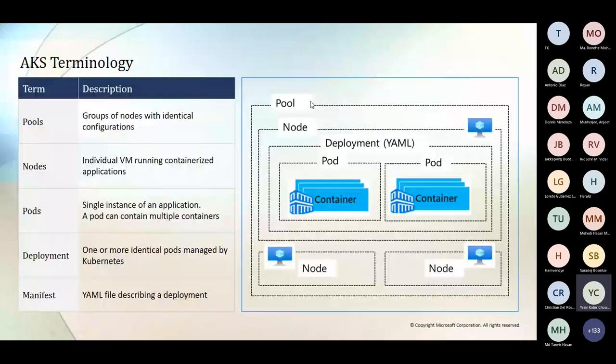A group of nodes with identical configuration. In the pool, there is a group of nodes. Nodes means individual VMs running containerized applications. Every VM is running container applications. Pods: a pod is a single instance of an application. A pod can contain multiple containers. When they are needed, they will take these containers from the node.